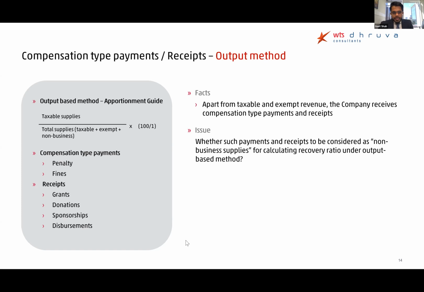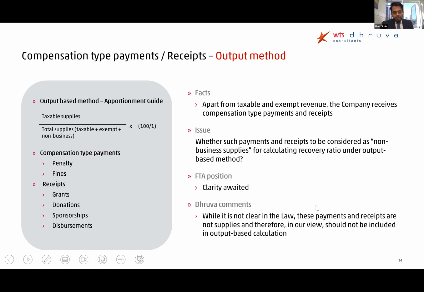40% of you have said yes, that it should be included in the output-based calculation. And about 60% have said no. And the right answer is no, it should not be included. We are yet to get clarity on whether these payments or receipts should be included.